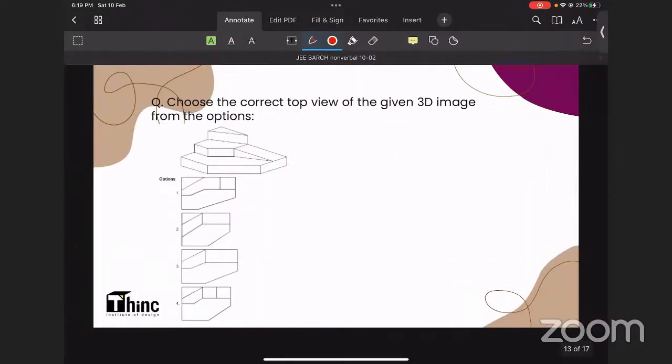Now the next question: identify the correct top view. So from the top, you can see a triangle like top view. That's fine. That is there in all the options. Then at the extreme end, you can see a surface like this.